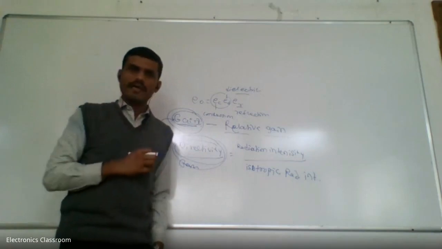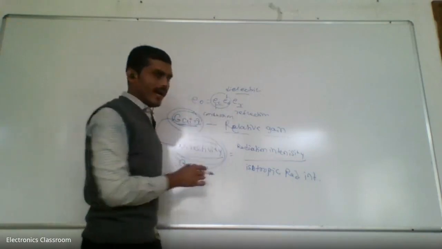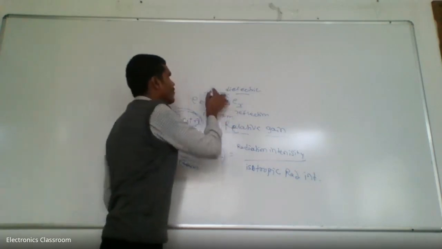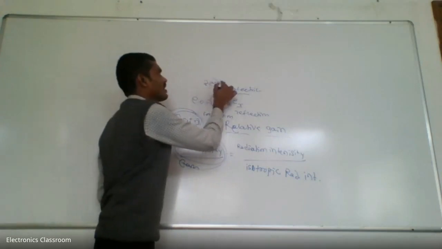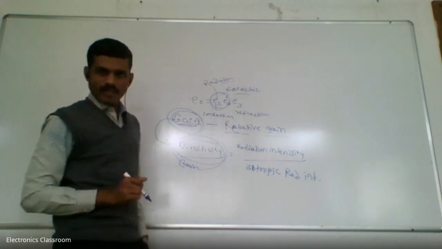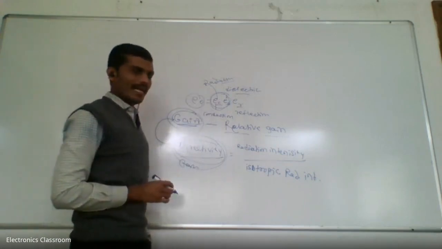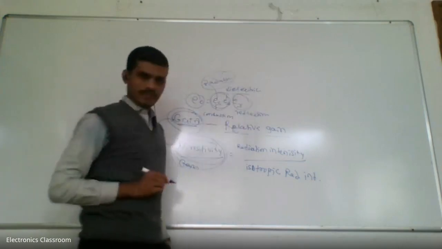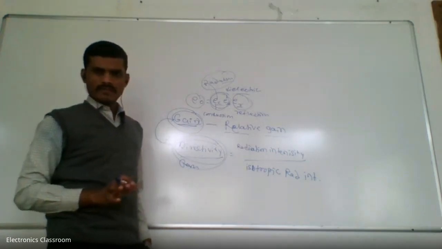Now, the conduction and dielectric efficiency combined are called the radiation efficiency of that antenna. Your total efficiency of the antenna can be calculated by using the radiation efficiency and the reflection efficiency. Is that clear?